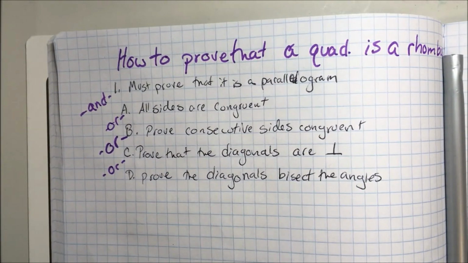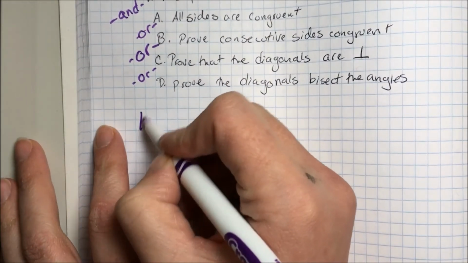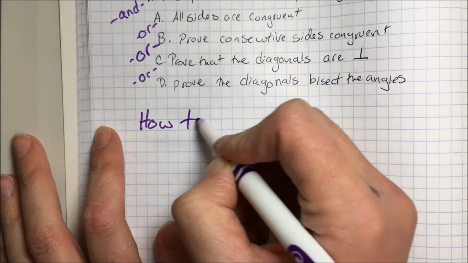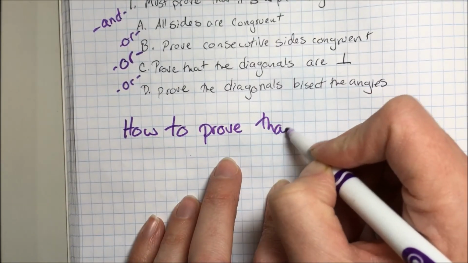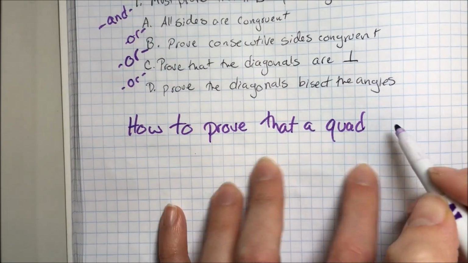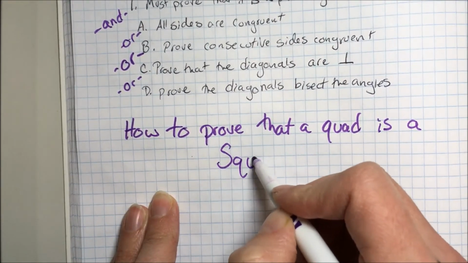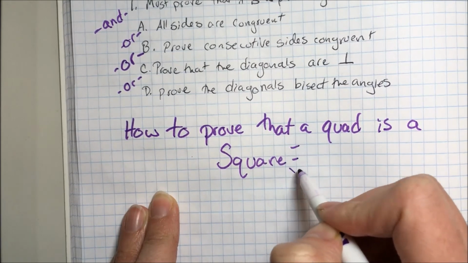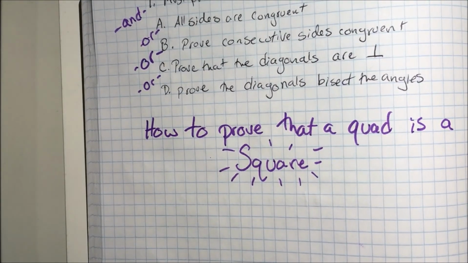All right, how to prove that a quadrilateral is a square. And this one's the hardest to prove because you must do 3 things.